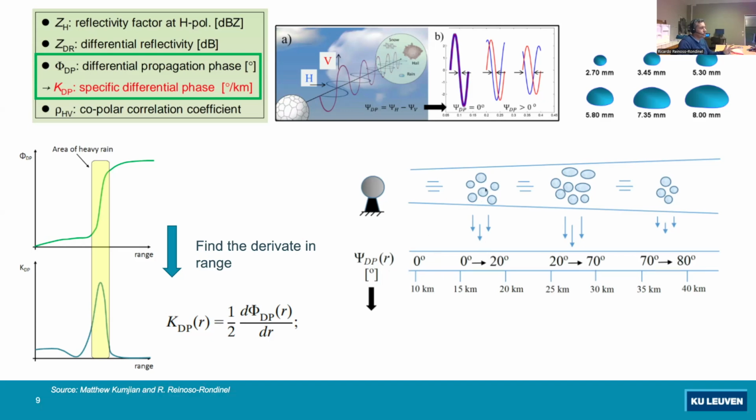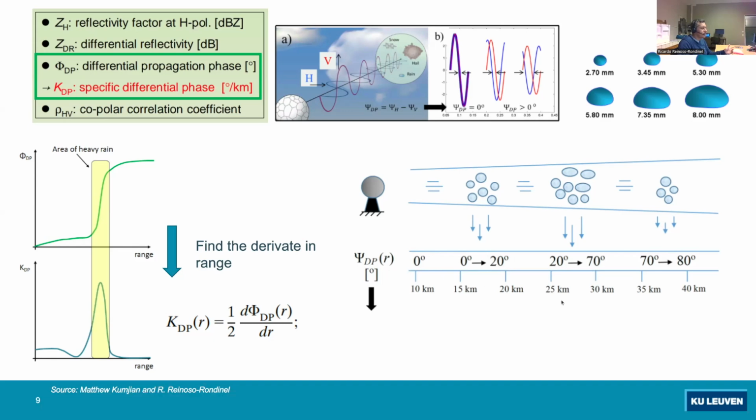Then you see a first group of raindrops, and the differential phase increases from 0 to 20. Then it continues to be 20, and there's another region that increases by 50 degrees, so we have 70 degrees. It continues at 70, and then there's a third region right in the back, where there's not too much rain, so it only increases by 10 degrees.